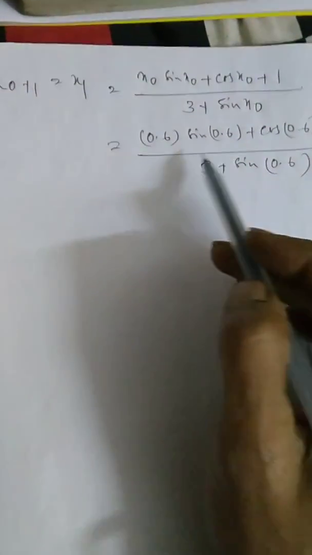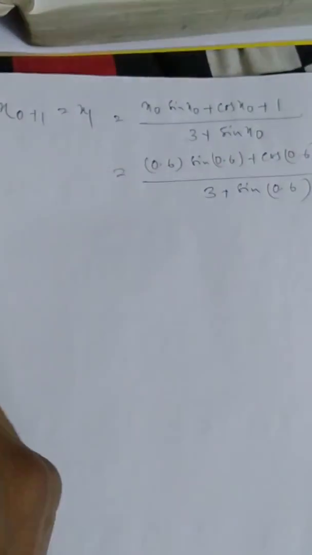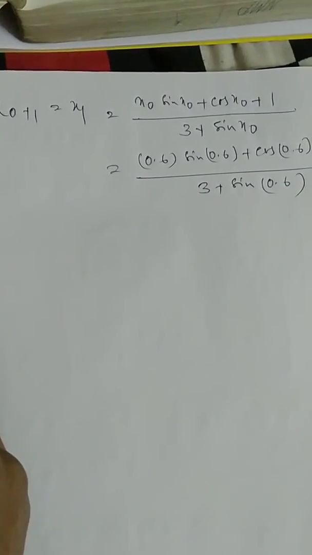One thing we should always remember, as I said earlier: in the calculator the mode should be in radian, because whenever there is a trigonometrical function, it is very convenient that the mode should be radian mode.